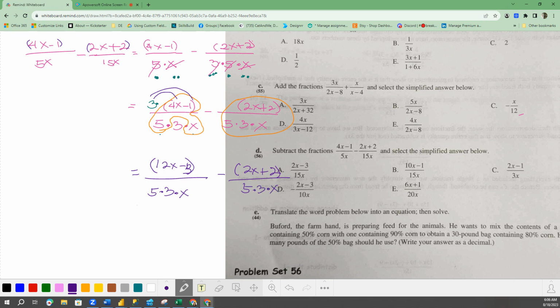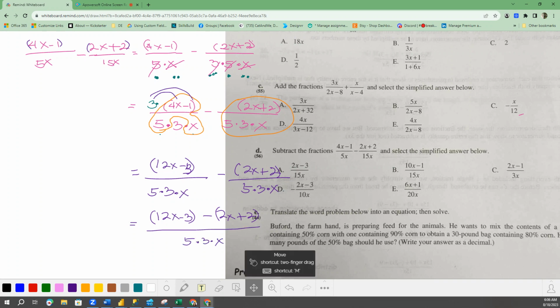Okay, so now I can combine them because they have the same denominator: 12x minus 3 in parentheses minus 2x plus 2 still in parentheses, all over 5 times 3 times x.